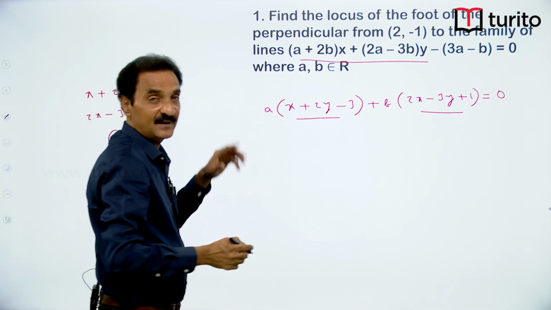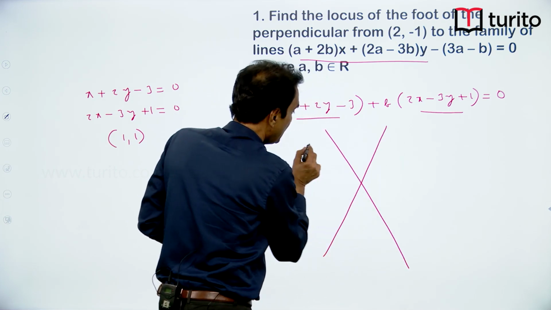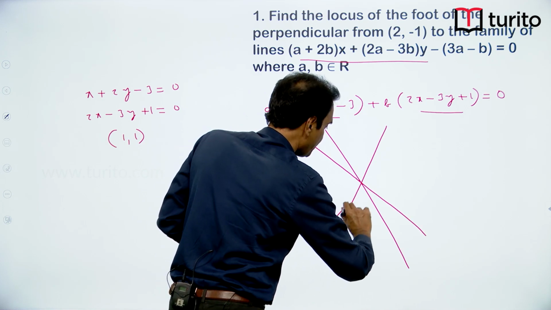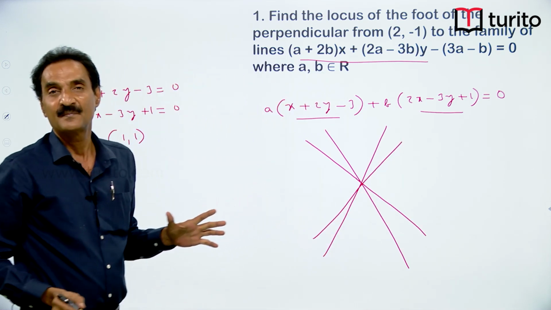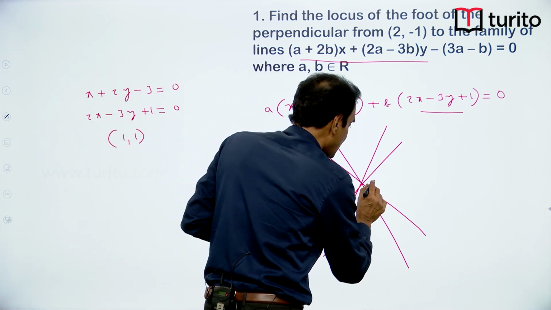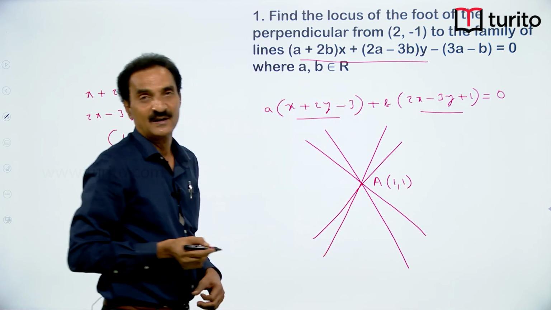So, this is a family of lines passing through a fixed point. Now, let the point of intersection be denoted by A, it is (1, 1).